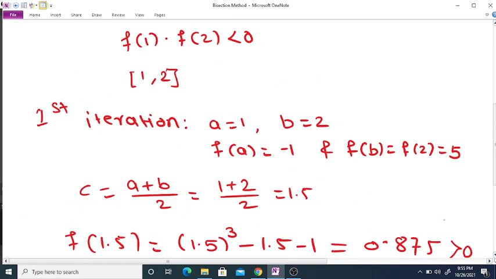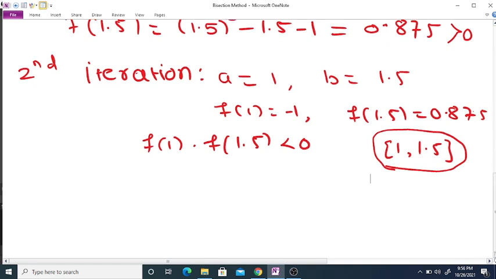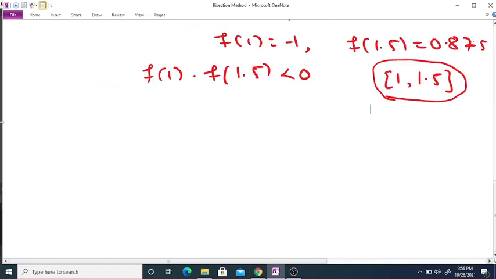In the first iteration the root lies in the interval 1 2. Now, in the second iteration the root lies in the interval 1 and 1.5. So, we decrease the length of the interval.